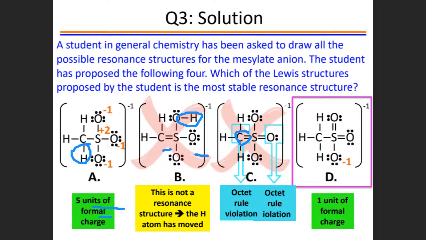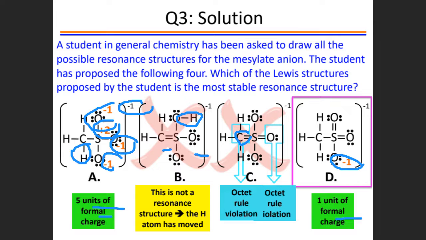1 unit formal charge. Yeah. Now if we look into the explanation they want to give here, this question is a little bit tricky, but let's see that the formal charge is -1. But if we look here, there are multiple formal charges, and this makes it not so stable.